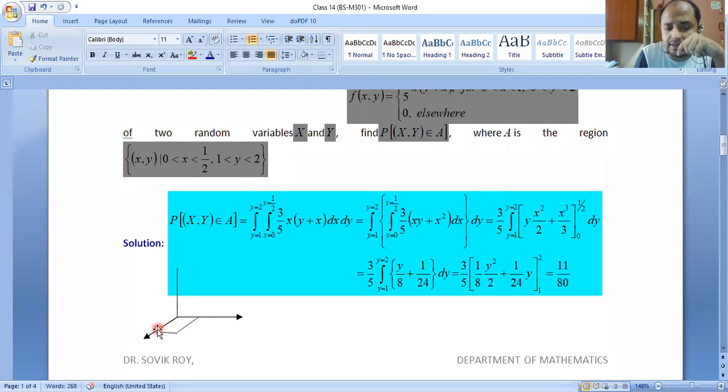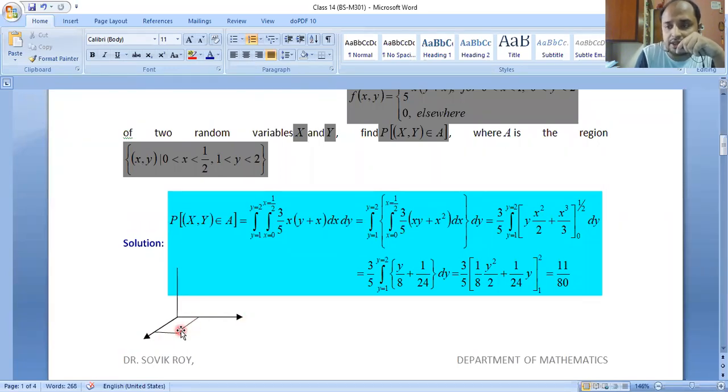Suppose this is my range from 0 to 1 for x, and this is 0 to 2 for y. Now, if I drop perpendiculars from here and from here and intersect them here, then we get a rectangular region on the xy plane.